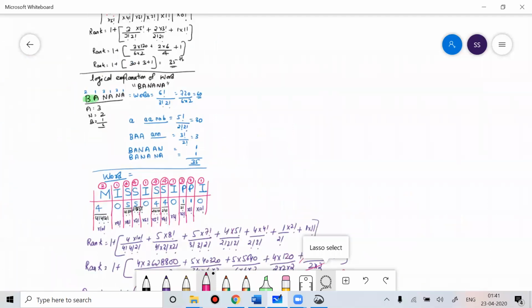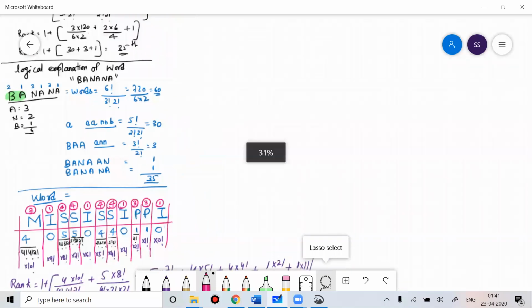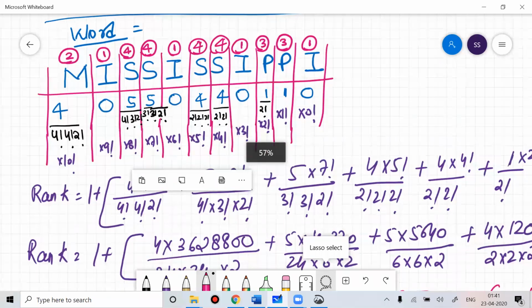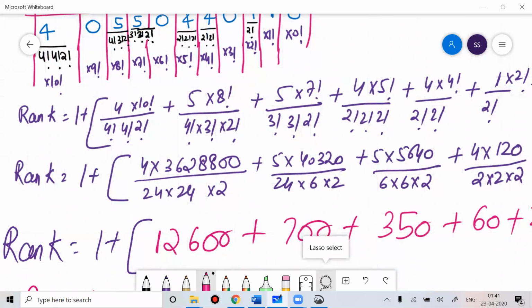One minute. We'll enlarge this here. So this is 12,700.